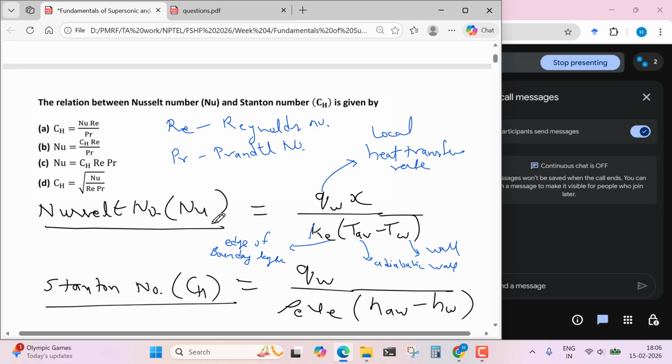And the Nusselt number is given by Qw x upon Ke (Taw minus Tw), where Qw is local heat transfer rate, Ke is thermal conductivity at the edge of boundary layer, e is for edge of boundary layer, Taw is adiabatic wall temperature, and Tw is wall temperature.